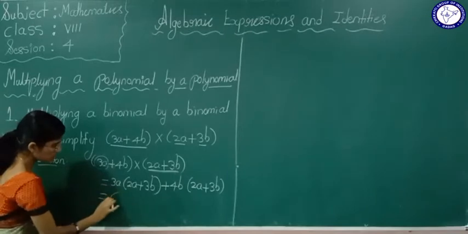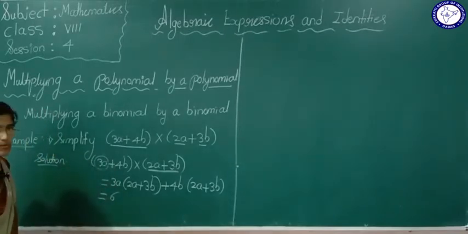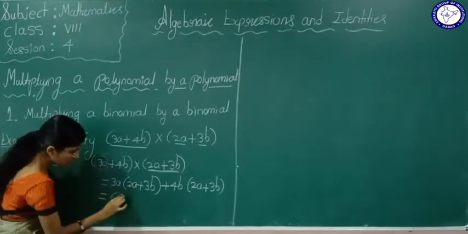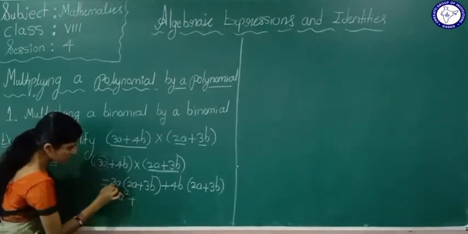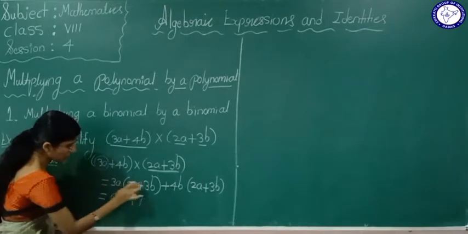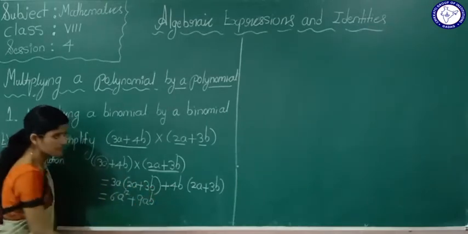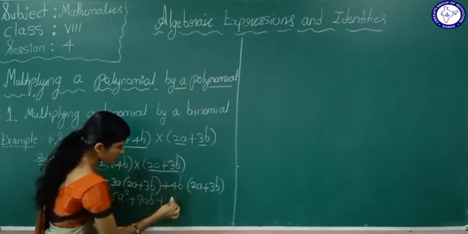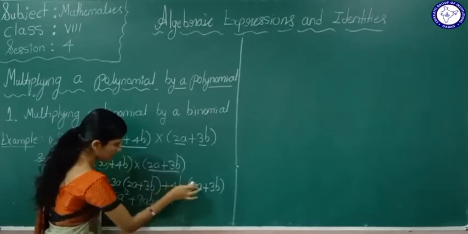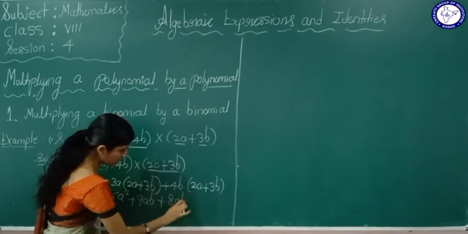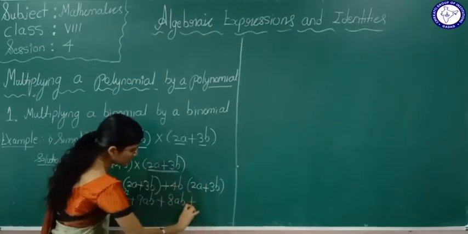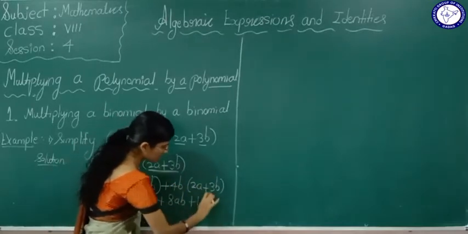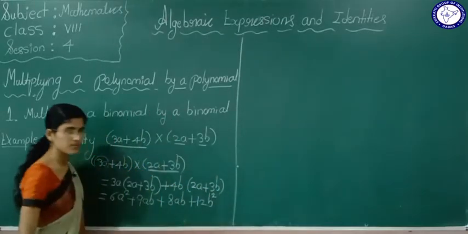Now see, 3 2s are 6. You know how to multiply this. 3 2s are 6. a into a will be a square. Plus 3 3s are 9, a into b is ab. Plus 4 2s are 8, b into a is ab. Plus, 4 3s are 12, b into b is nothing but b square.